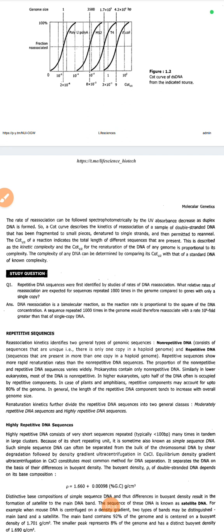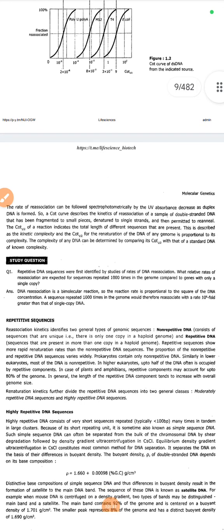The more the Cot half, the more the complexity. So the complexity of any DNA can be determined by comparing its Cot half with that of a standard DNA of known complexity.